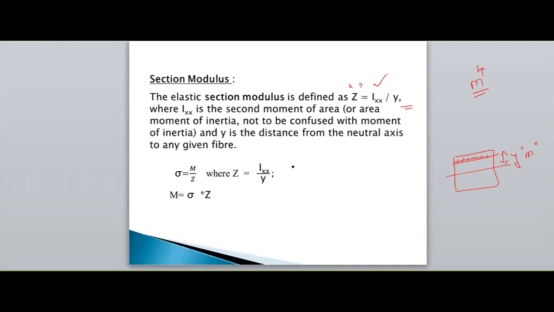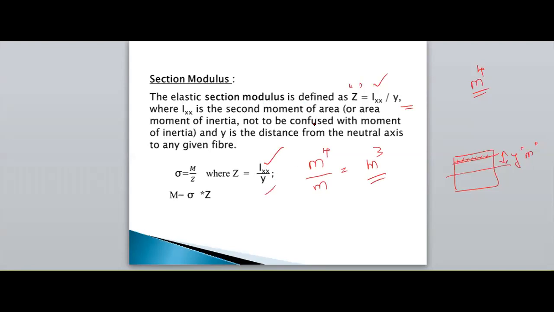Therefore, Z has units of meter to the power of 4 by meter, therefore meter cube. The section modulus is nothing but a ratio. It is defined as a ratio of moment of inertia by y.